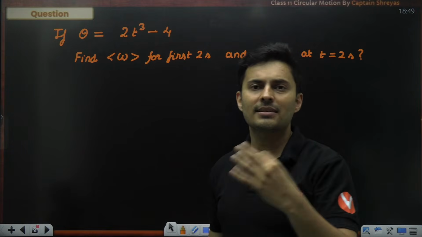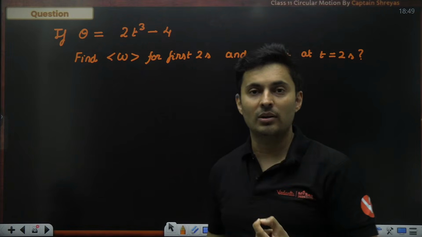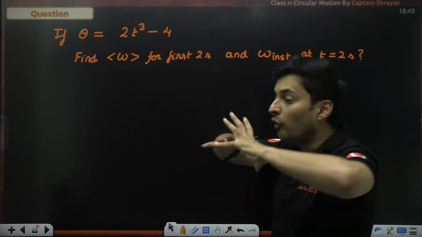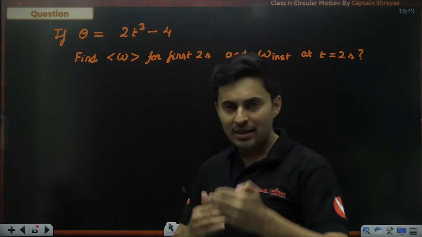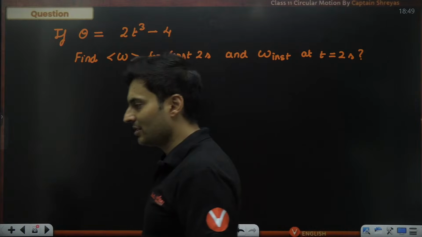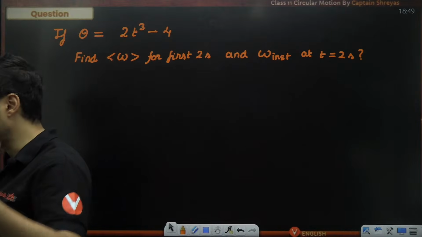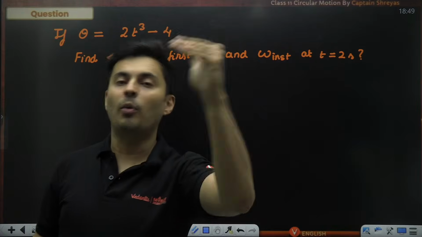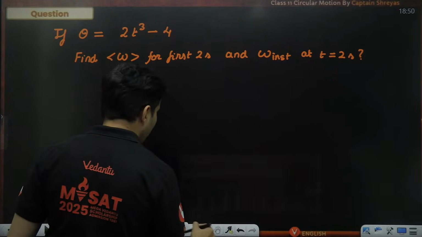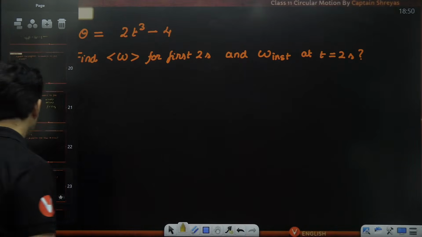Whenever instantaneous is asked, it will be at a point or at some instant. Whenever average is asked, it will be for a duration, for some interval. It will never be at a time. Average means an interval, instantaneous means a single point. So how do we do this? Let's try this out, my dear students.